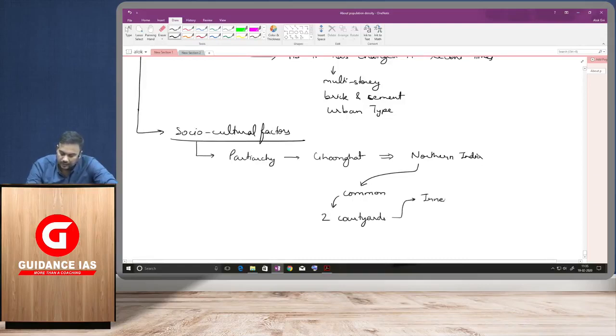One is the inner and other is the outer courtyard. So inner courtyard is essentially living space for women. Space for women. While if you talk about outer courtyard is for men, it is meant for men.